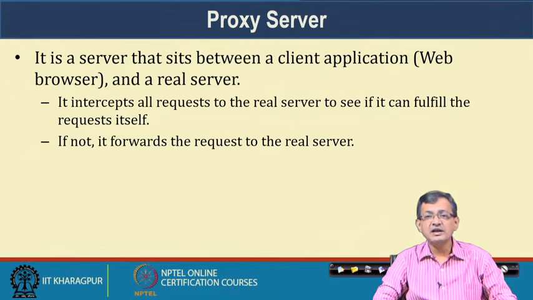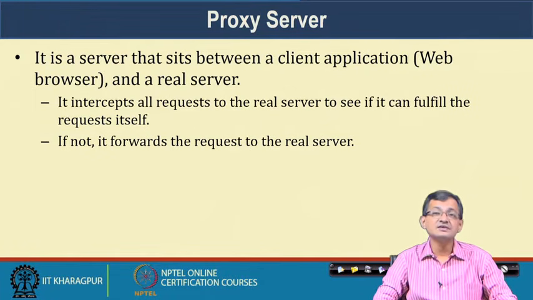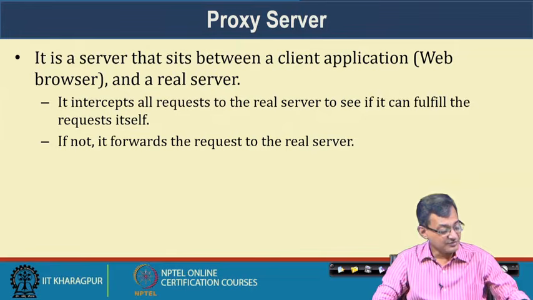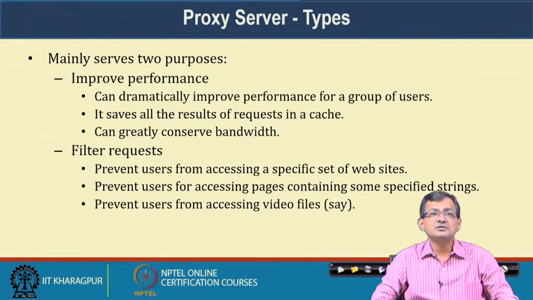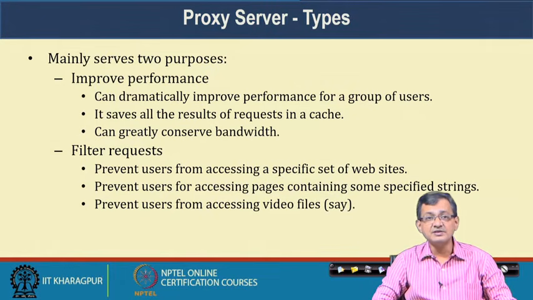So, as it is accessing things, it is also caching the content. When somebody makes a request, it may check whether it can fulfill the request or not. Proxies primarily improve performance, and can dramatically improve performance for a group of users.